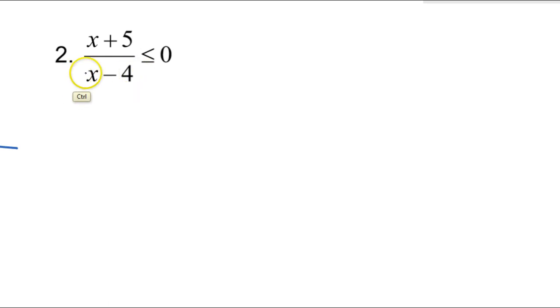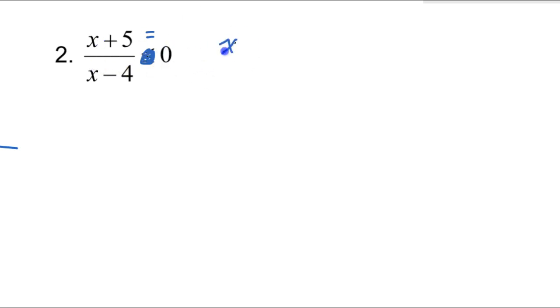Okay, again, I need to find my critical values. My critical values will come from setting this whole thing equal to 0 and solving. And my critical values will also come from the illegal values. Well, to solve an equation like this, you just set the numerator equal to 0.